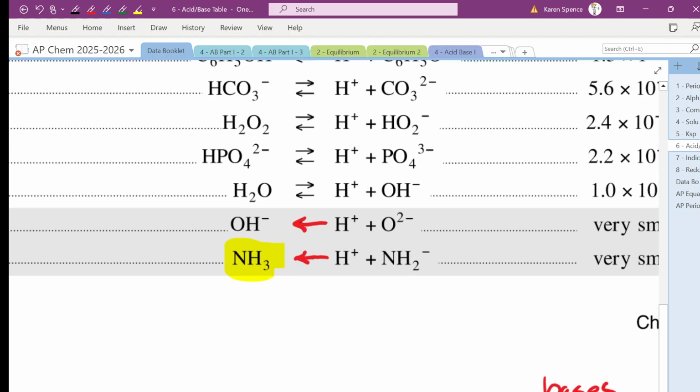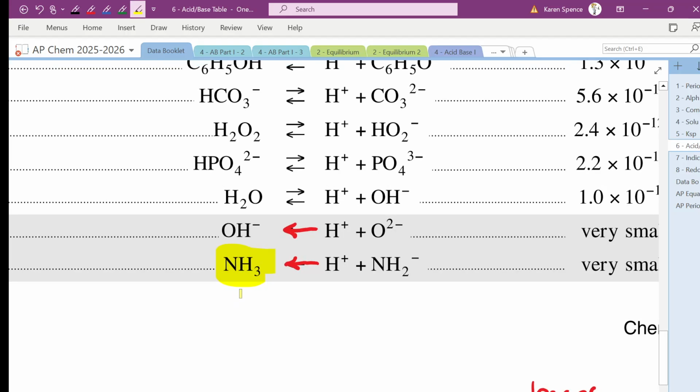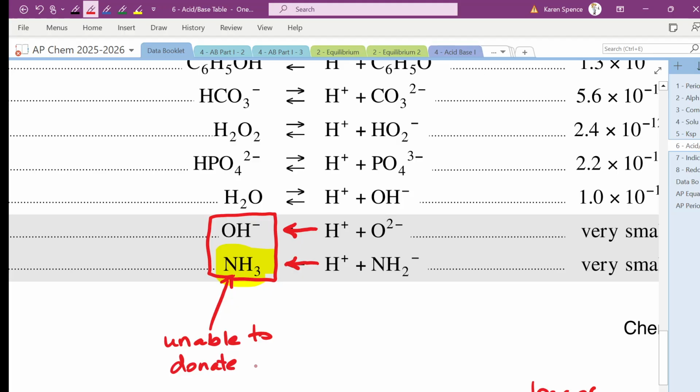However, is NH3 able to act as an acid? If it were able to act as an acid, it would be able to donate a proton, to give away a proton. Is it able to give away a proton? No. These two guys here are unable to donate protons. And that's because we have these one-way arrows.